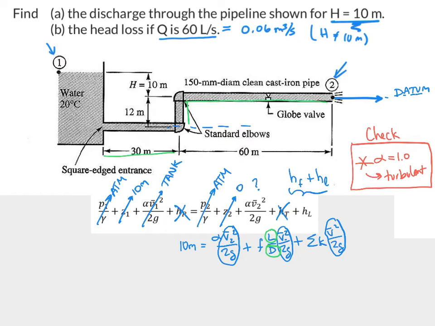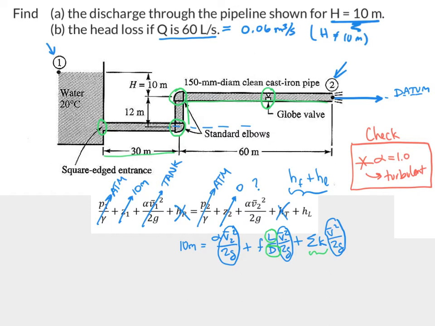And then we know these Ks, or we should be able to get at these Ks. So where are our Ks coming from? We've got quite a few Ks. We've got a K right here at this square-edged entrance. We've got 2 standard elbows. And then we've got a globe valve. Globe valves have a rather large K.